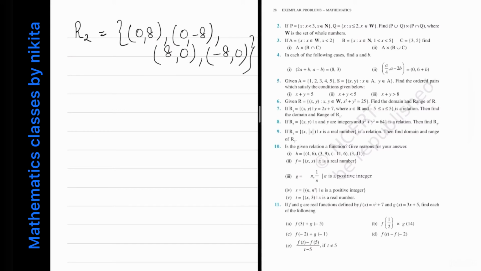Okay, so these four ordered pairs are there in R2.